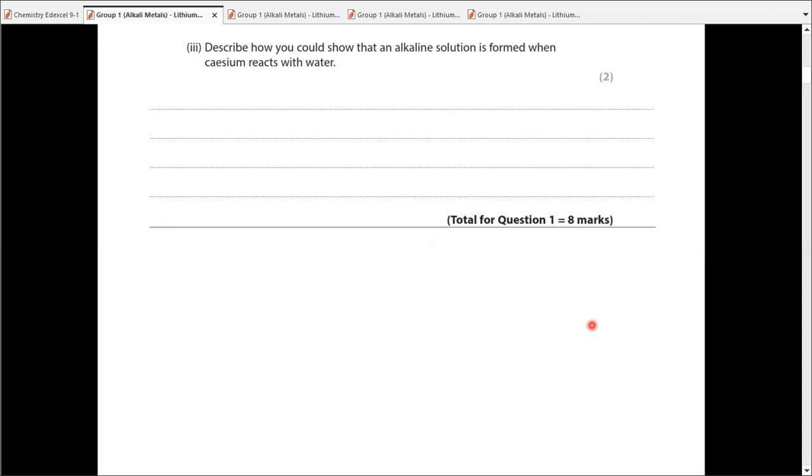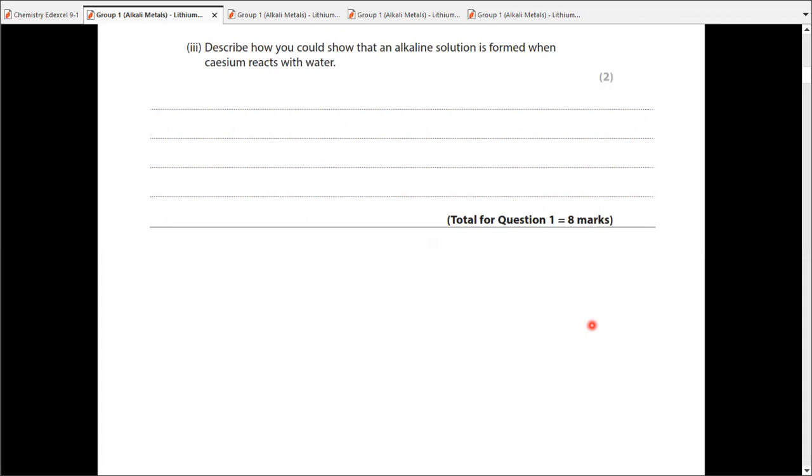Sir, like measure the pH so that we can know if it's alkaline or acid, right? That's somewhat a longer method, but yeah, that's correct. The answer you've just given can get you 1 mark. What would the pH be in order to know that it's alkaline and not acidic?